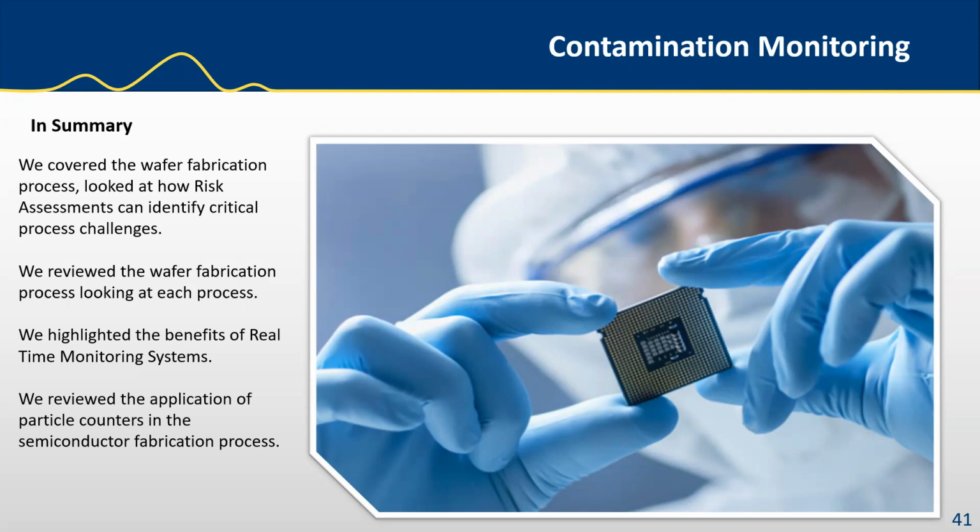The wafer fabrication process is very labor and machine intensive, with up to 100 processes. There are many areas to monitor, and this webinar outlines the best options and applications to monitor and identifies the right monitoring equipment.